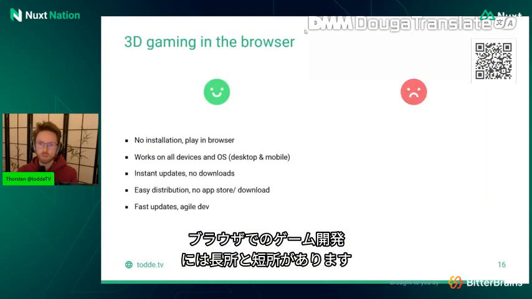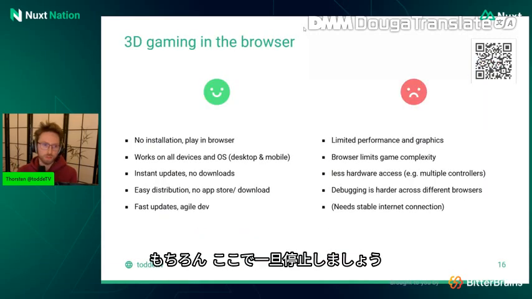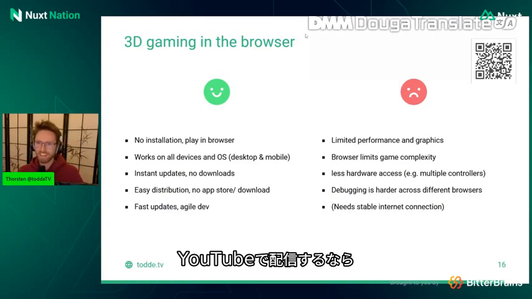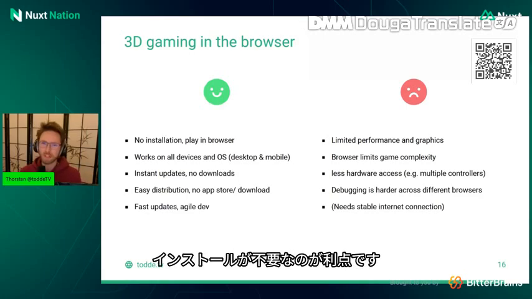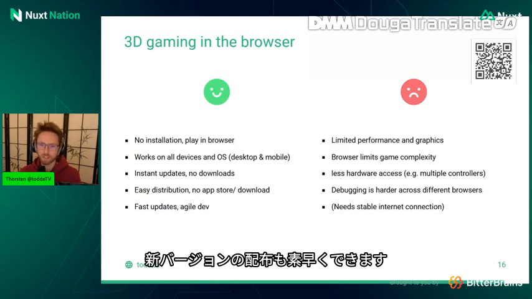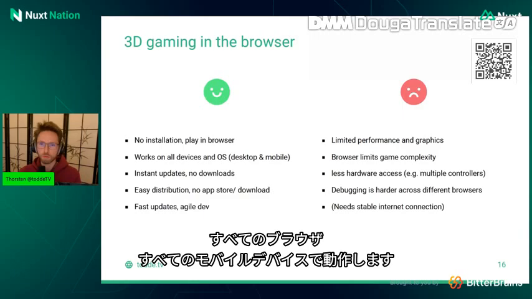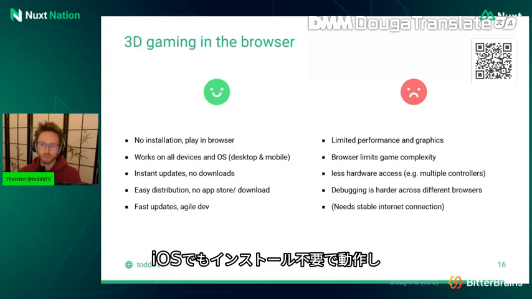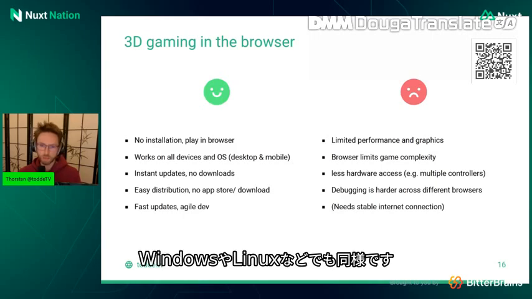Okay, there are pros and cons of gaming in the browser. Of course, I think I would say just press pause here, if we were on YouTube. But of course, you do not have to install anything. You have quick possibilities to distribute new versions. It will work on all end mobile devices. It can run without installing, on iOS versus Windows versus Linux and some stuff like that.